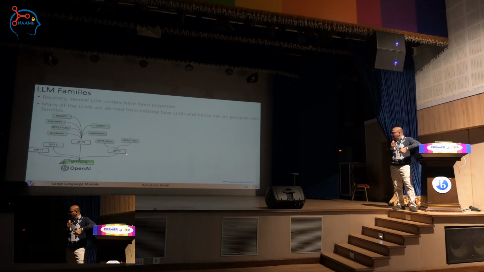Then recently there was GPT-4, which is at a completely different scale. We don't know how many parameters it has, but it must be an order of magnitude bigger than GPT-3. They have also come up with a vision version, which can process images, not just text.